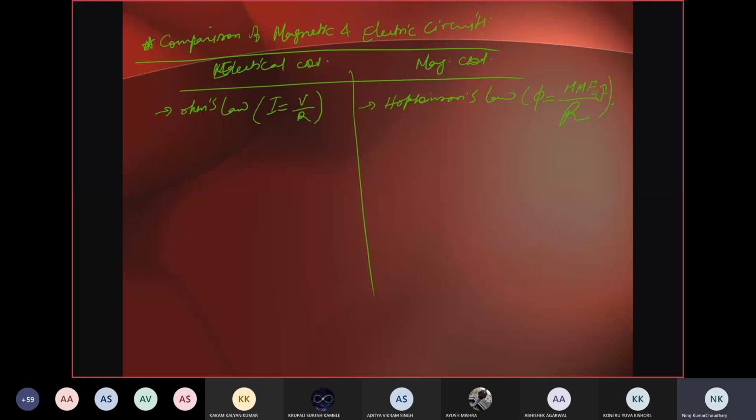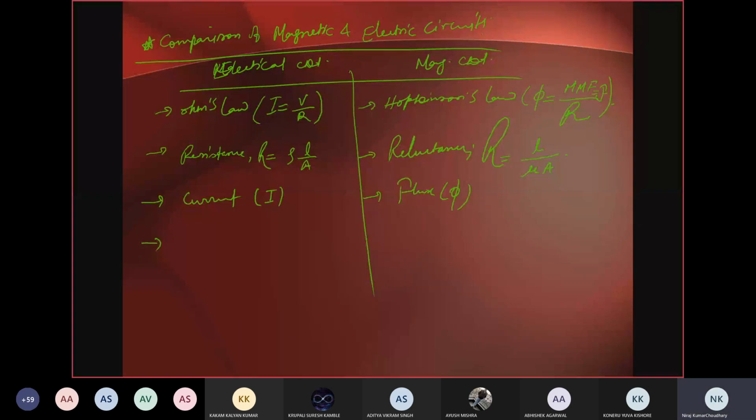Now here resistance is there. In an electrical circuit, R is equal to rho L by A. In a magnetic circuit, you have reluctance, which we just discussed, L by mu A. Here you have current flowing through the circuit; there you have flux flowing through the magnetic circuit or magnetic material.